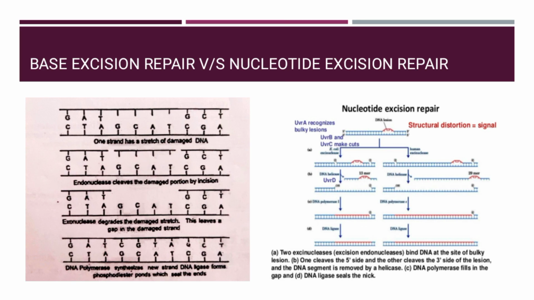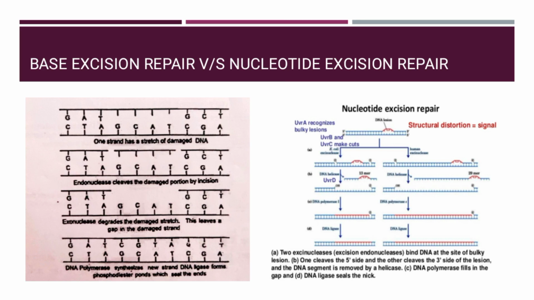After that, the endonuclease cleaves the damaged portion by incision. Next, exonucleases digest the damaged stretch, and this leaves a gap in the damaged strand. After that, DNA polymerase synthesizes the new strand, and DNA ligase forms the phosphodiester bonds and seals the ends.